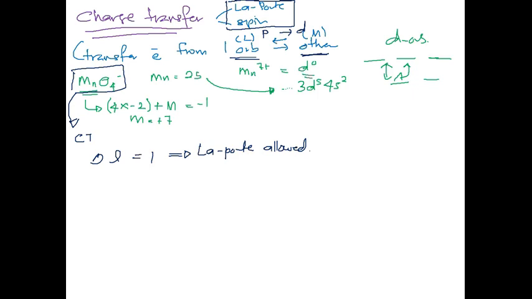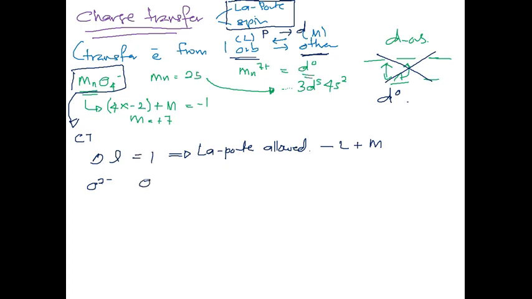Okay, so now we look at the spin. Again, for Mn you don't even need to look at its d orbital. Why? Because the d orbital is 0. So it means that the movement of electrons is actually based on the ligand and metal orbital. So we have to look at what the ligand is. The ligand is oxygen. Oxygen has a 2 minus charge.